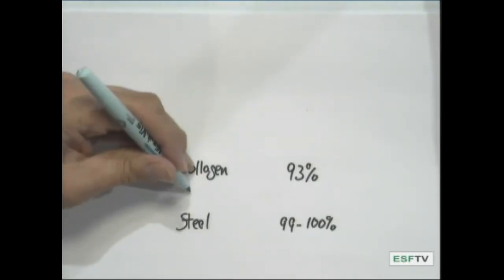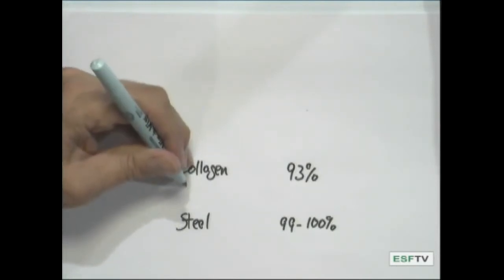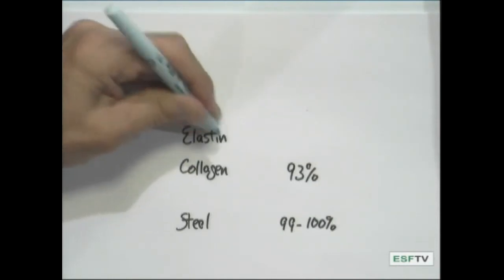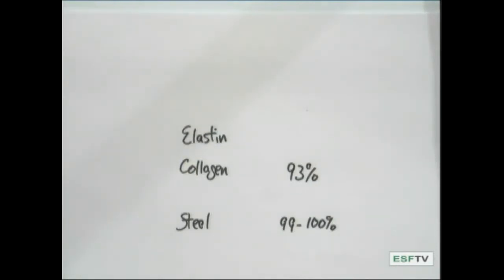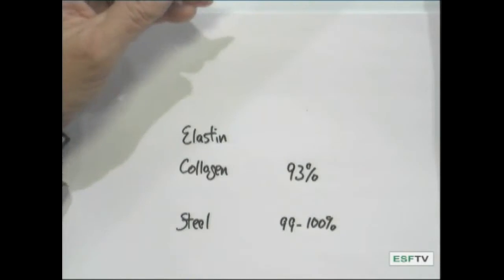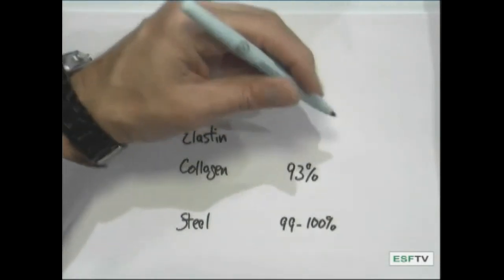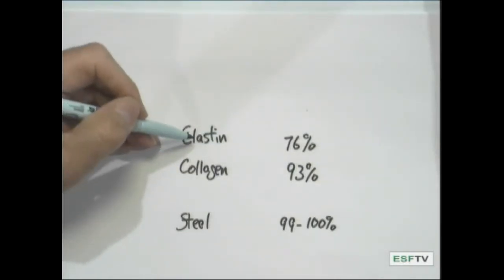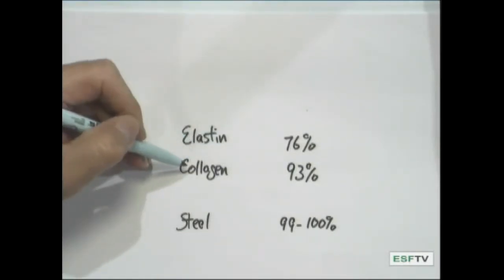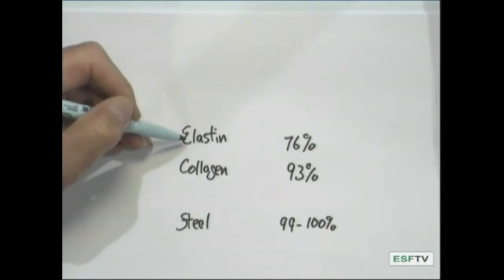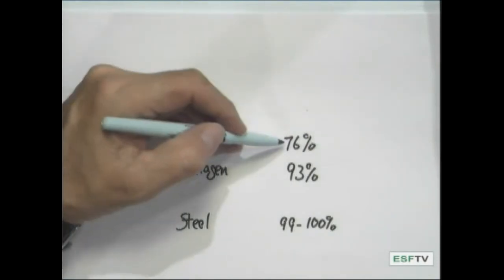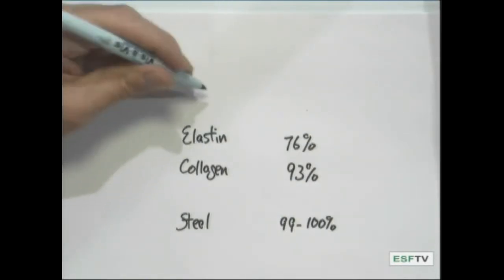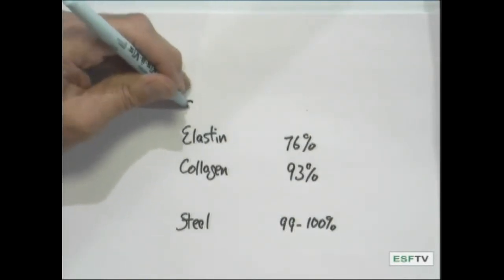If you compare that with certain kinds of elastic materials, for example, in invertebrates, the principal elastic fiber that exists there is known as elastin. You're looking here at resiliences of about 76%. So even though elastin is more elastic, less stiff than collagen, and can store more energy, nevertheless it's not quite as resilient. There's quite a bit of heat that's lost during extension and release.